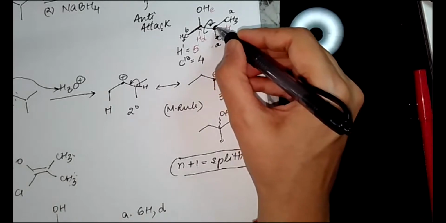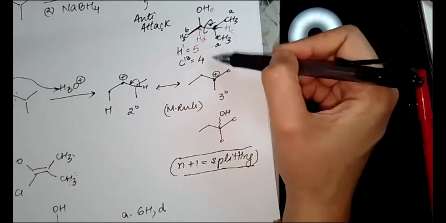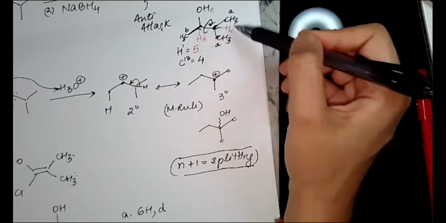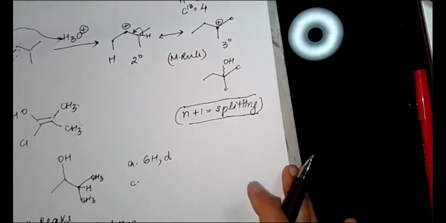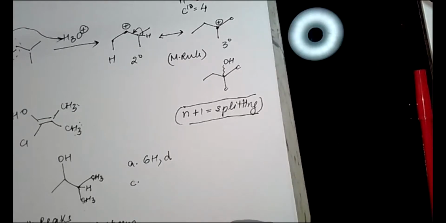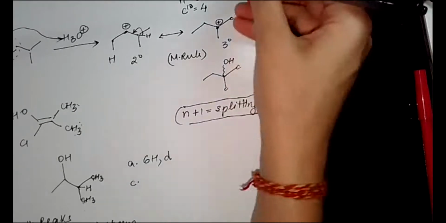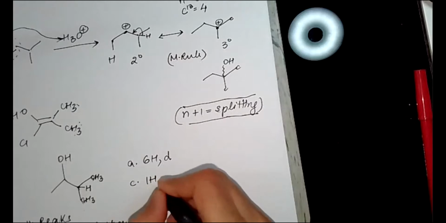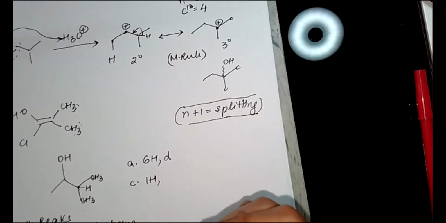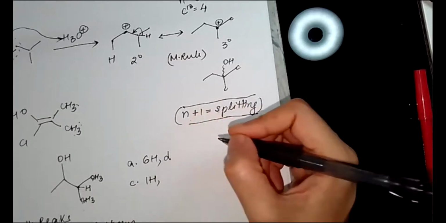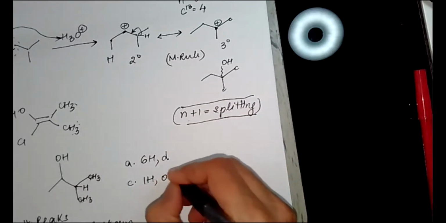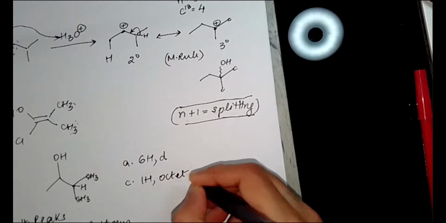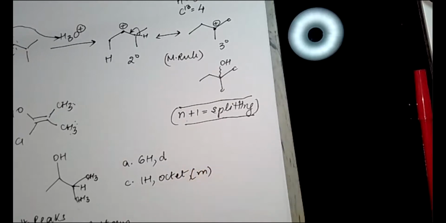On this tertiary carbon, there are 3 other carbons, and on these 3 carbons, in all, you have 7 hydrogens or 7 neighbors. 7 plus 1 is 8, so you will have an octet. You can also write it as a multiplet if you choose to.